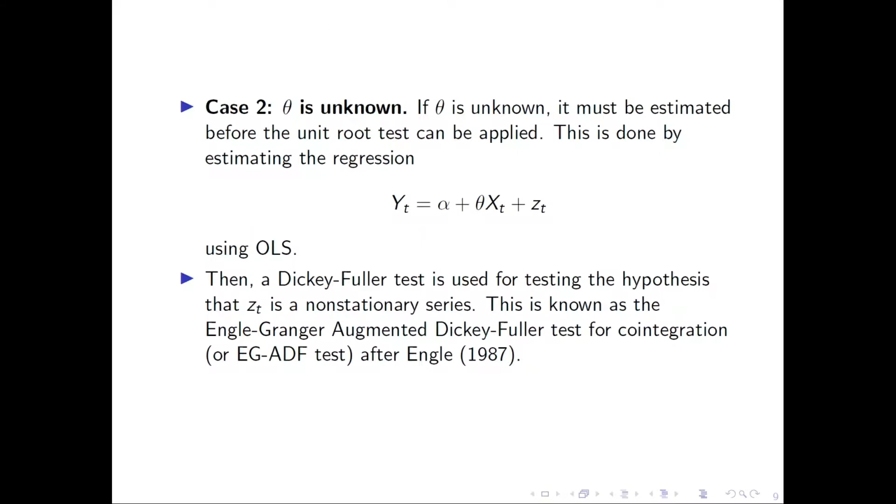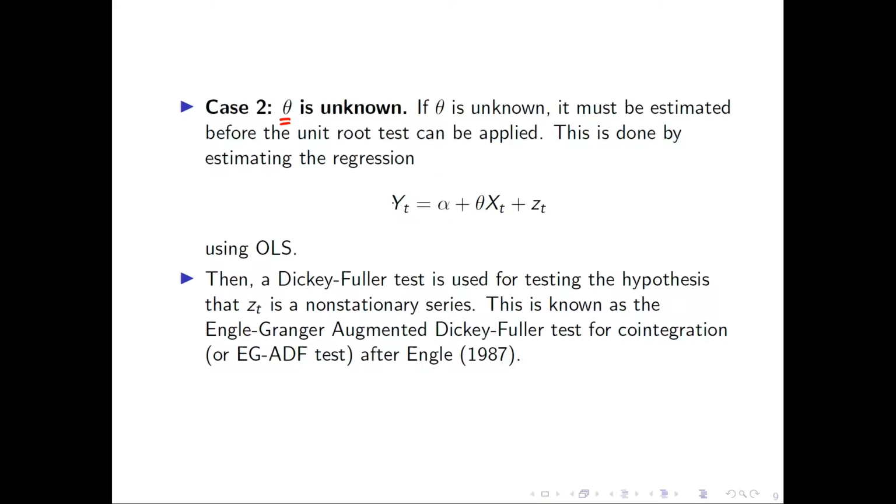On the other hand, if you do not have any theory to guide you as to what is the value of this scaling parameter theta, then you have to estimate it before we can apply the unit root test.